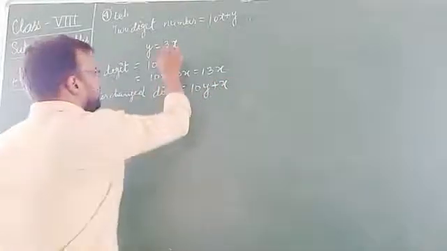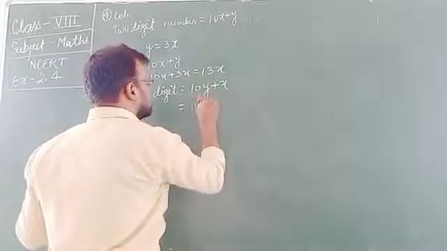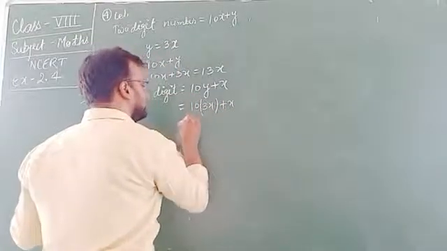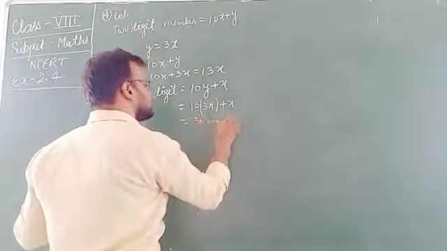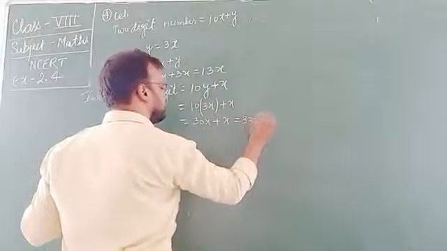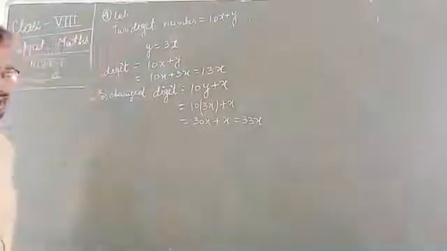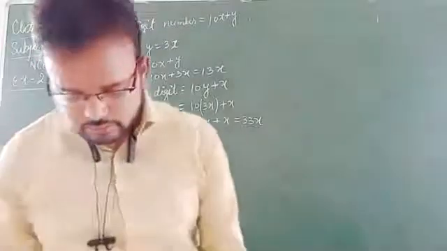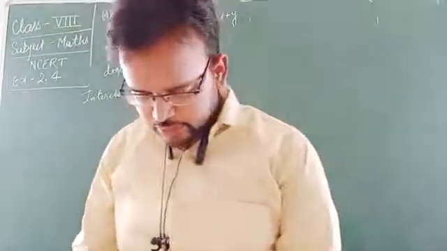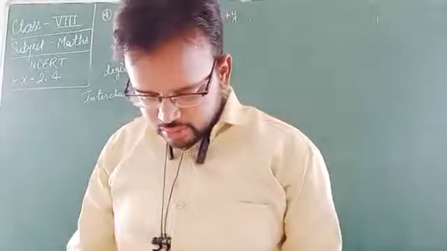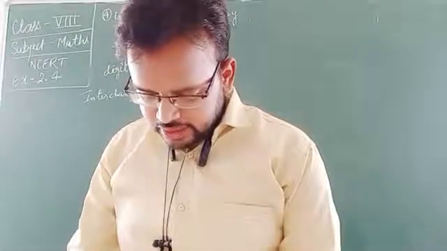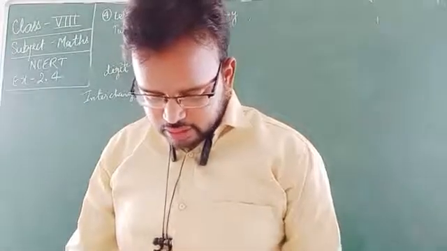Put the value of y from here: 10 in bracket 3x plus x, 30x plus x equals 31x. Now, if you interchange the digits and add the resulting number to the original number, you get 88.